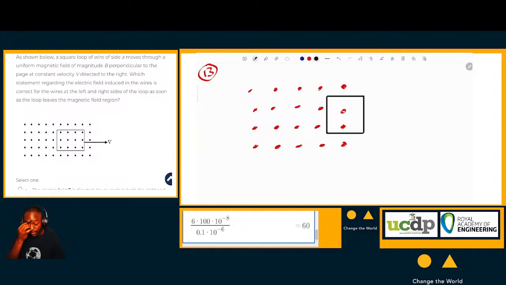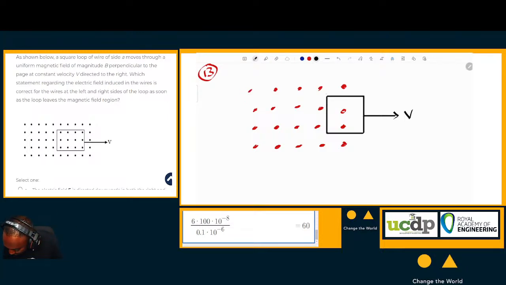So if you have got a case like that, one side is still in, the other one is out, and it's moving. So first and foremost, we want to identify the direction of flow of current.